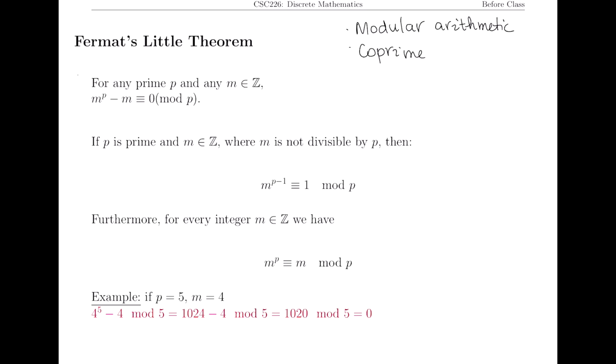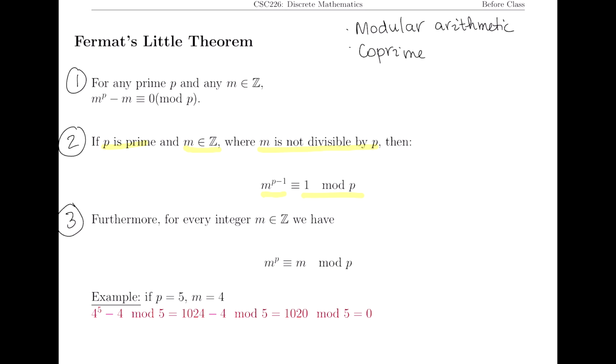So Fermat's little theorem, one way to state it is if I have P, which is prime, and I have any number M, then M to the P minus M is equivalent to 0 mod P. Another way to state this is that if P is prime and M is an integer not divisible by P, it turns out that M to the P minus 1 is equivalent to 1 mod P.